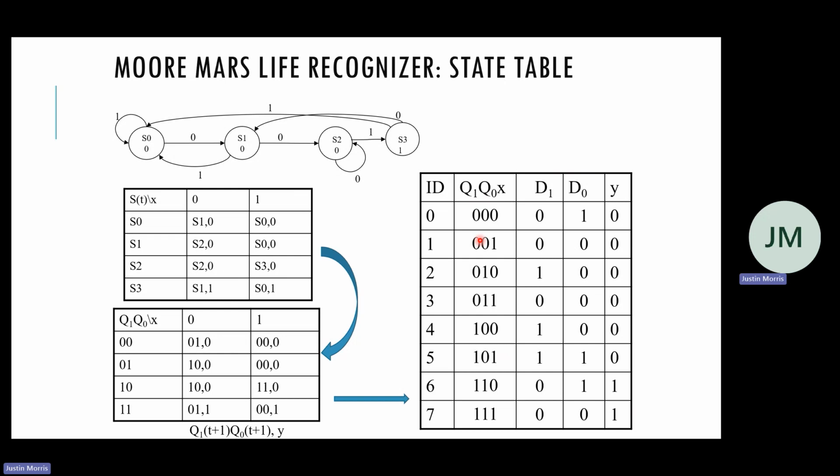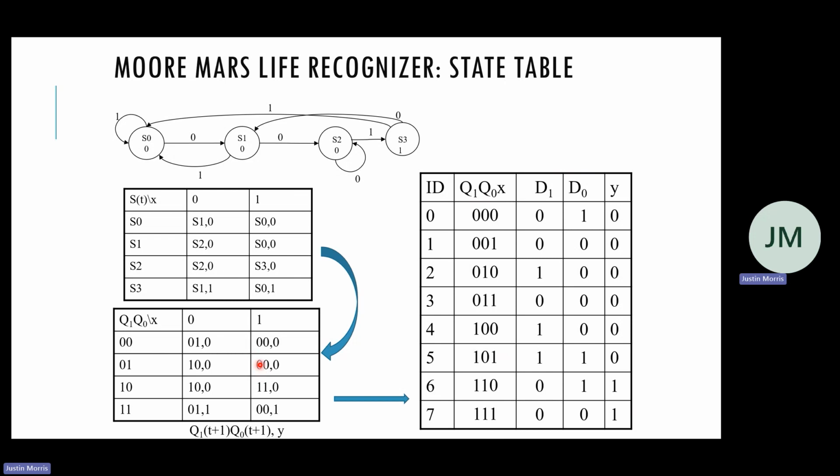So the state table is in this format, where it has the current state, and then the next state, comma, the output. And the excitation table is more of a truth table format, so that when you go from the excitation table, you can go directly to the K-map, because we know that 0 corresponds to the 0 box in the K-map.